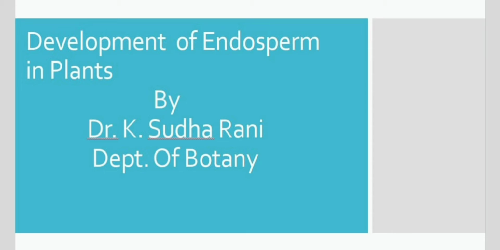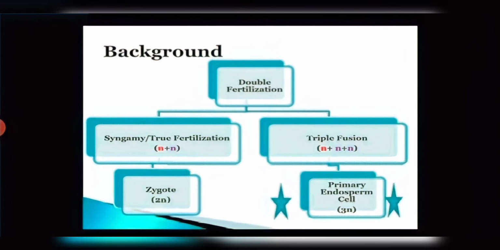In the previous class we already studied how the endosperm is produced in angiosperms. So today we shall discuss the development of endosperm in plants. In the previous classes we studied the development of megasporangia and the female gametophyte, what fertilization is, and how fertilization occurs in plants. Prior to this lesson, just recall those points.